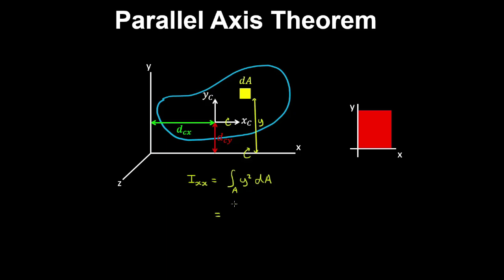Now we can split up the y distance as the distance from that area to the centroidal axis plus the distance from the centroidal axis to the axis where we're taking the moment of inertia about.